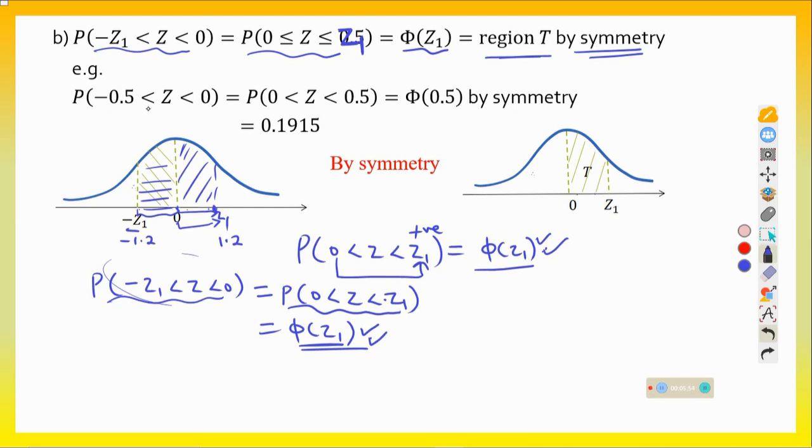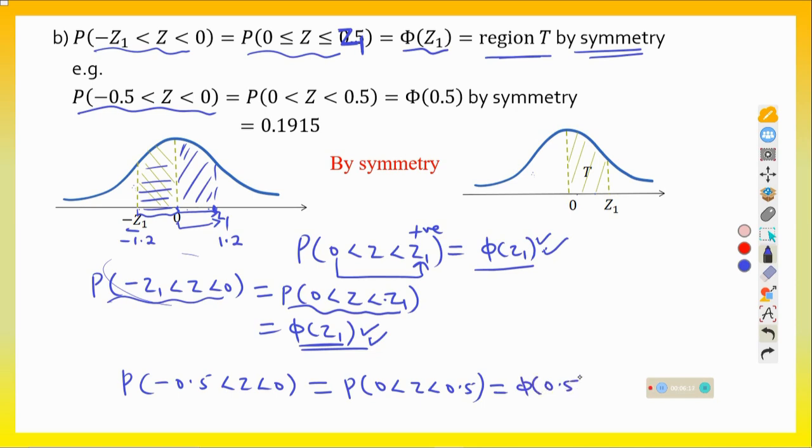Likewise, if you need the probability of negative 0.5 less than z less than 0, you simply take the probability of 0 less than z less than 0.5. And you know that this is the same as taking the table reading of 0.5. So what is the table reading of 0.5? Go to your table and read this value.